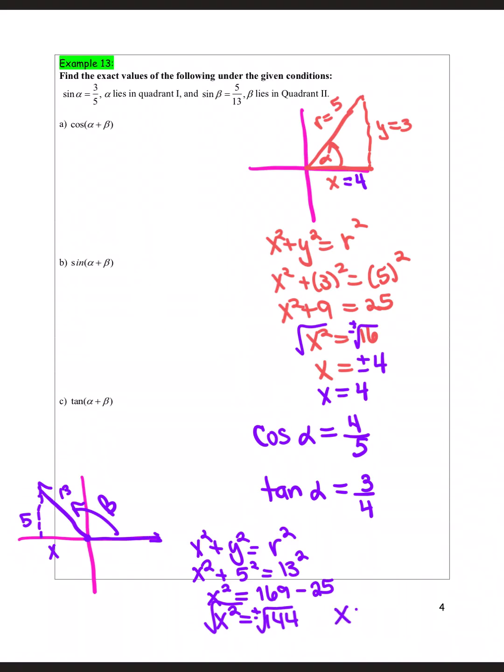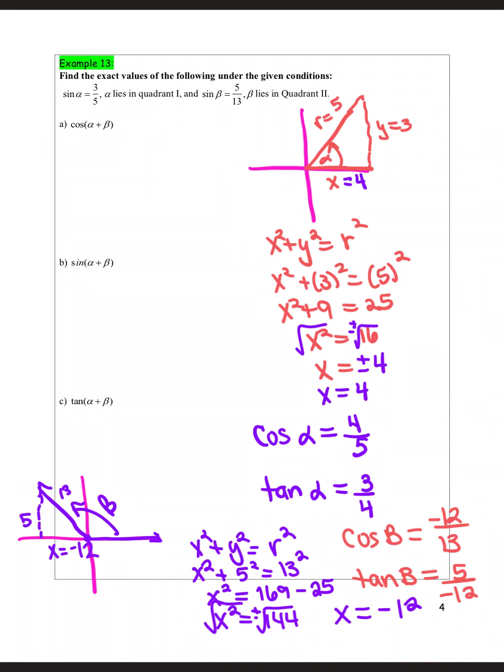So in this case, since we're in quadrant 2, it's negative 12. So for that one, we have that cosine of beta is negative 12 over 13, and tan of beta is equal to 5 over negative 12. So now I have all the information I need to apply the formula.